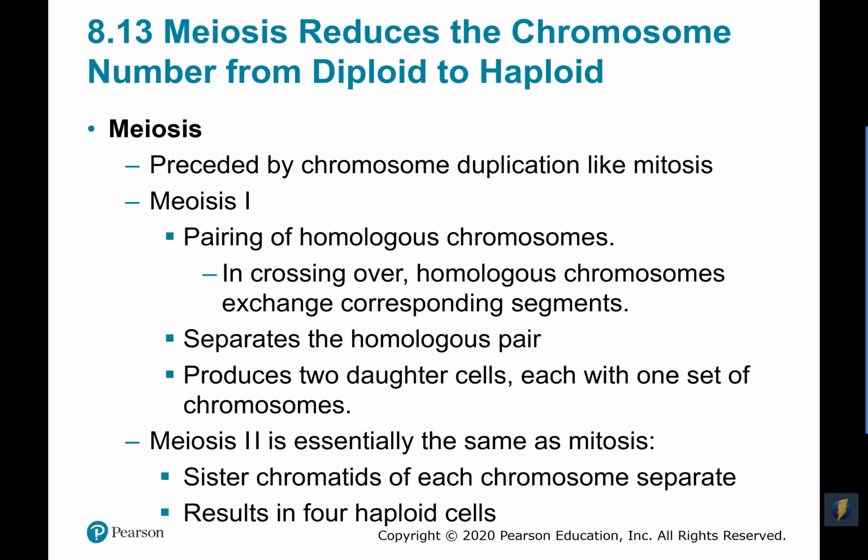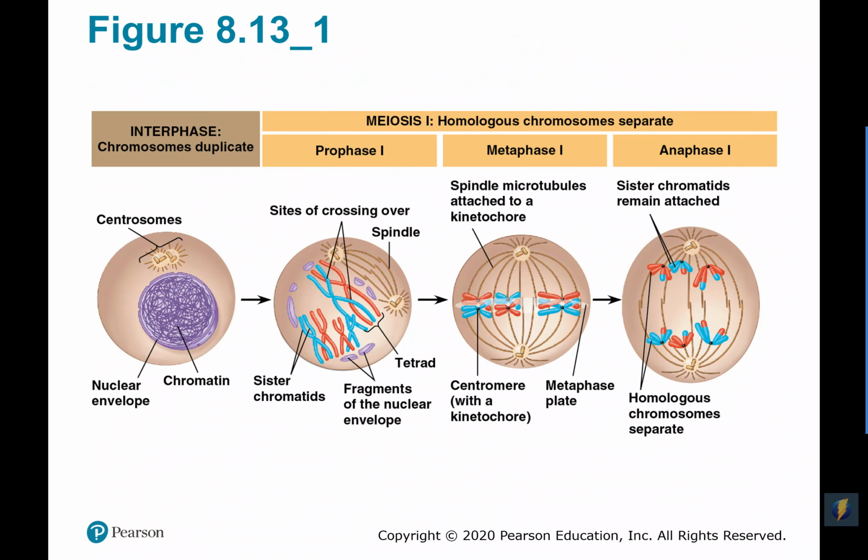And what happens is this really interesting thing called crossing over, where the homologous chromosomes pass things back and forth between each other. The homologous pair separates. That results in 2 daughter cells, each with 1 set of chromosomes, still joined together as those sister chromatids. Then the sister chromatids separate during meiosis 2, and we get our 4 haploid daughter cells.